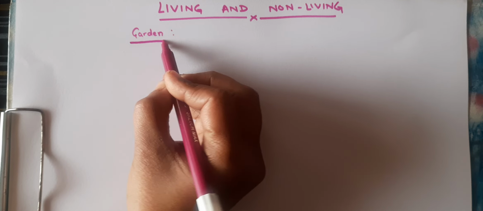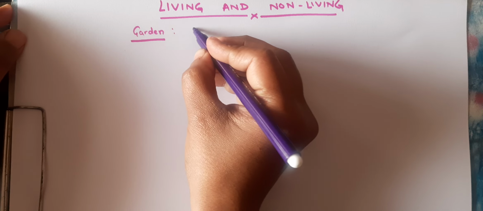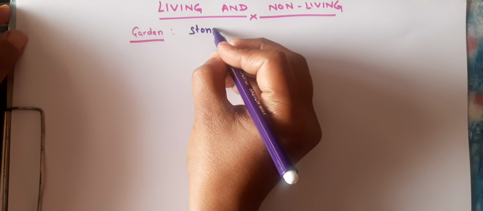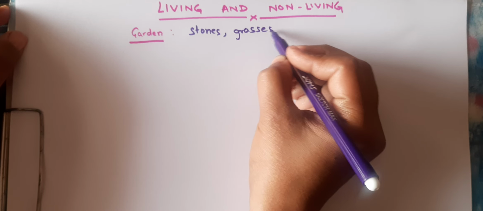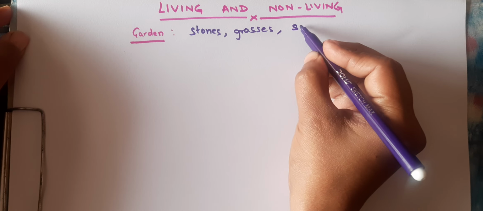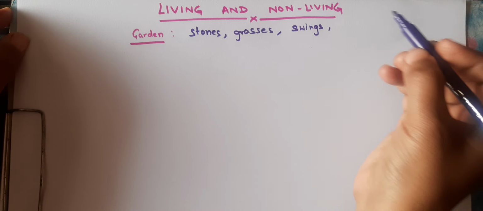Suppose I will start with an example. Imagine yourself in a garden. Just look around and tell yourself what you see in the garden. If I am in the garden, I will see there are some stones, grasses, swings.